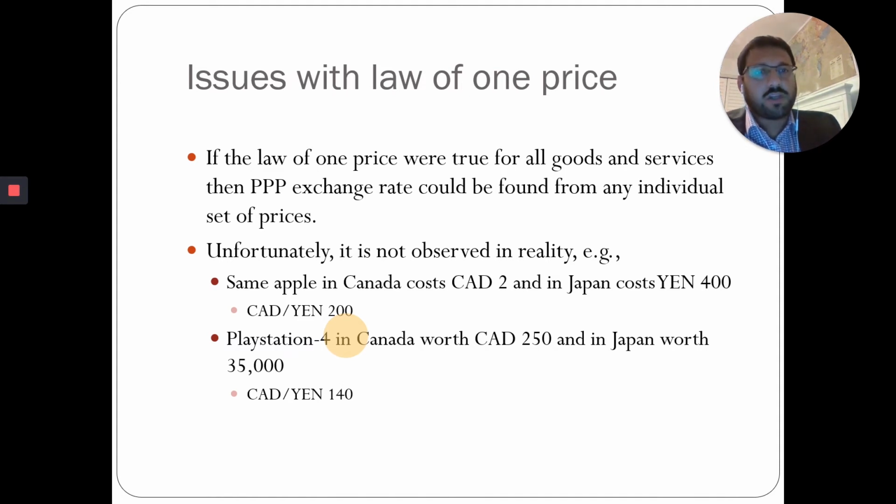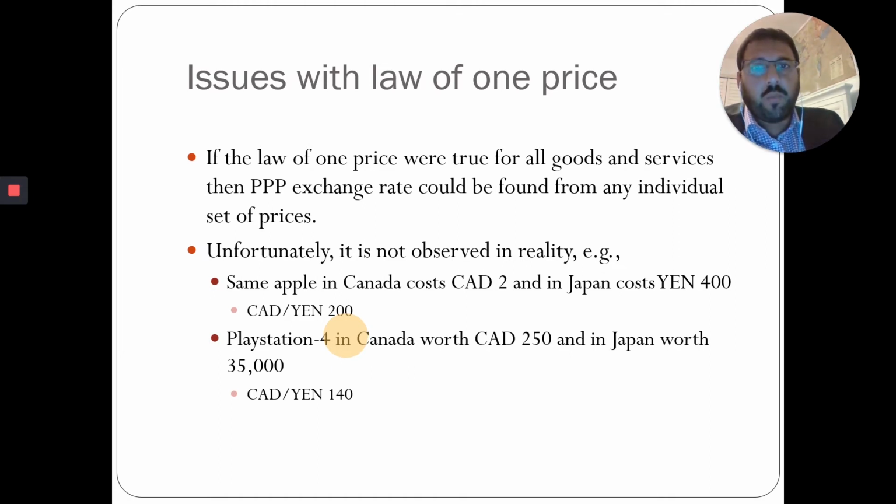There is a transportation cost. Sometimes quotas are applied, and tariffs are applied in order to safeguard the domestic industry. So the law of one price usually gets violated. In order to find out the exchange rate, we need to relax some assumptions.